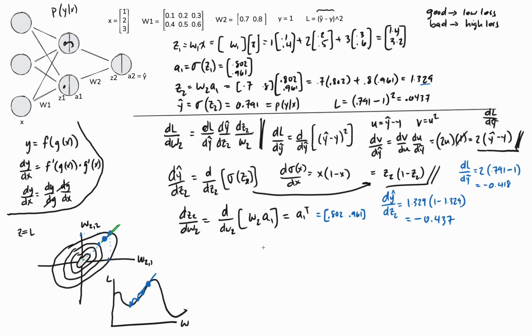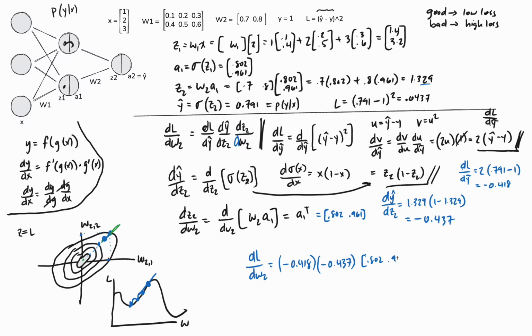All right, bring it all together. Now dL dW2 is equal to dL dy hat, negative 0.418, times dy hat dz2, which is negative 0.437, times dz2 with respect to w2, which is going to be this.